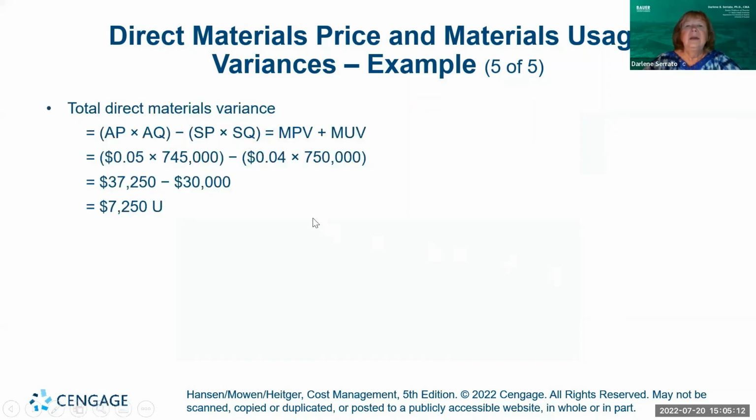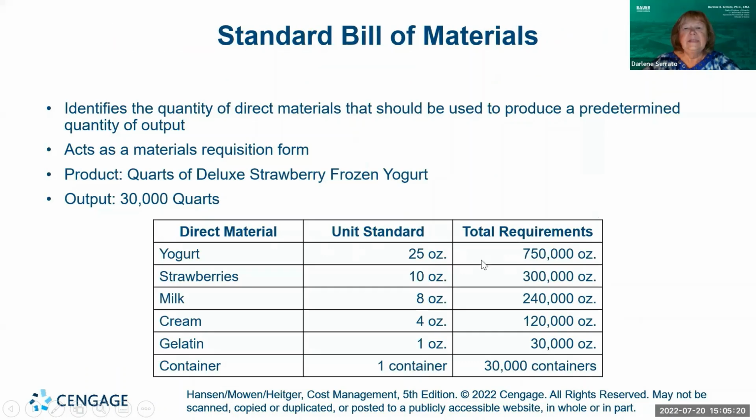Okay, so total variance, 7,250 unfavorable. This was the bill of materials. So our output was 30,000 quarts. This is what we should have used for all of these inputs.